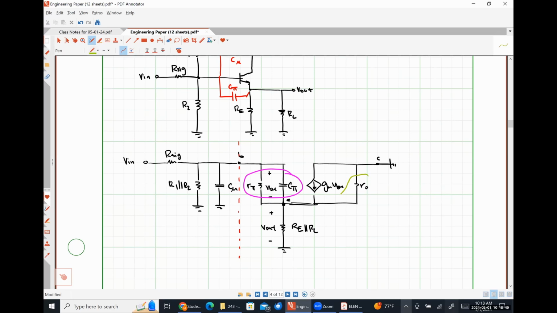And I'm going to lump these guys together and call this just RE prime.